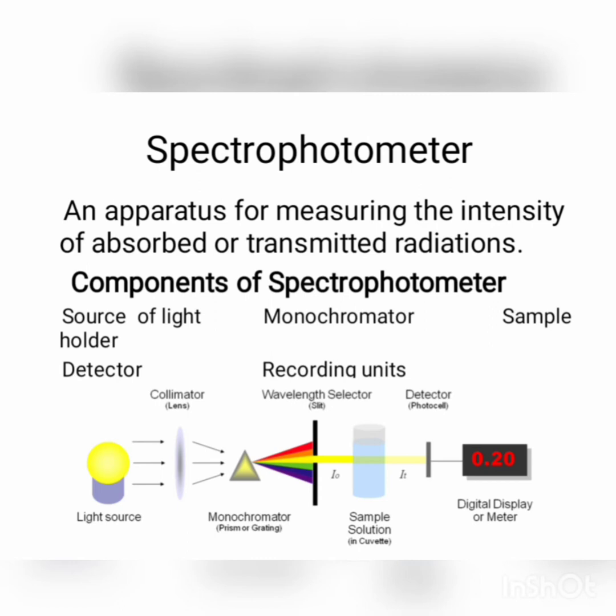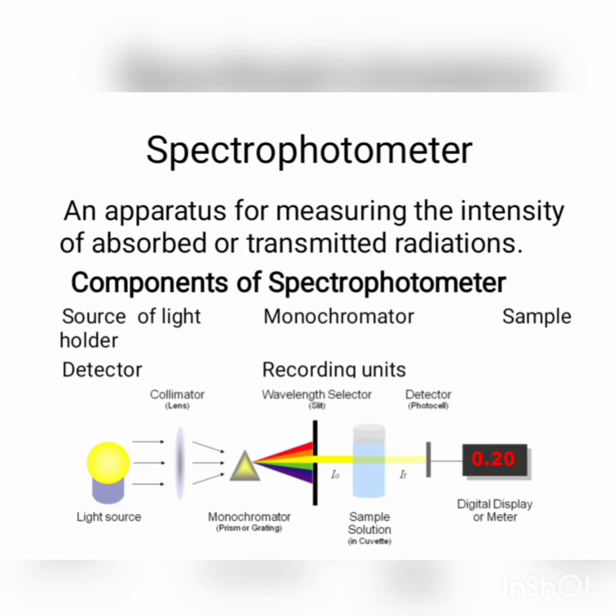Next is a spectrophotometer. It is a simple diagram of a spectrophotometer. It is an apparatus by which we can get information about chemicals or samples. It has a light source on one side. After passing from the light source through the collimator, the light moves to the prism. After passing through the prism, it falls on the slit.